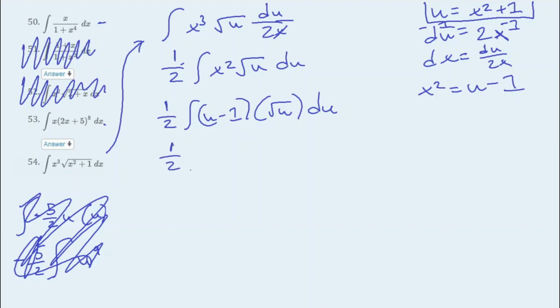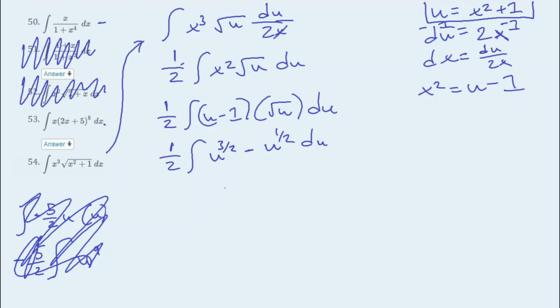So we multiply it out, we're going to have 1/2 integral of u to the 3/2 power minus u to the 1/2 power du. Because we have a square root of u, which is u to the 1/2 power, multiplied by u to the 1 power, minus, and multiplied by negative 1.